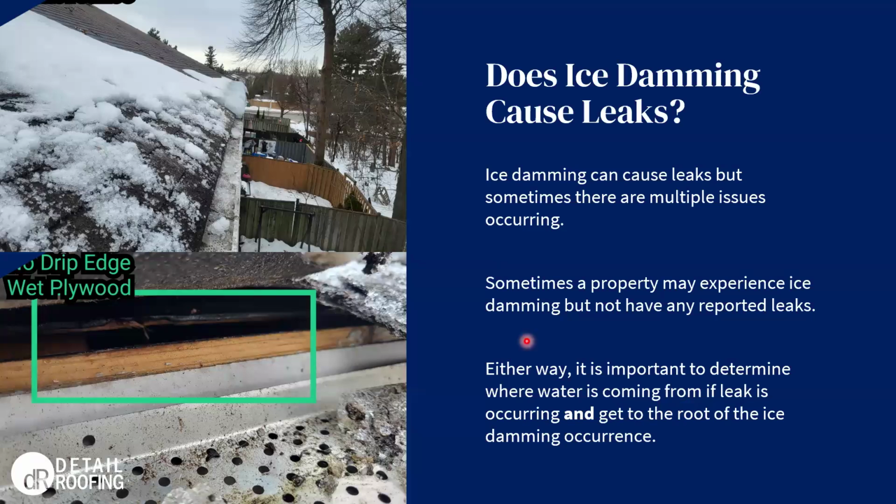What we tend to see most often as far as leaks directly from ice damming is when it's built up along the roof edge, even if the shingles are in good condition and not deteriorated. If there's not any metal drip edge or any sort of waterproofing underlayment or ice and water shield underneath the shingles at the roof edge, then when this ice formation is happening, it can back up under the shingles and cause an interior leak.